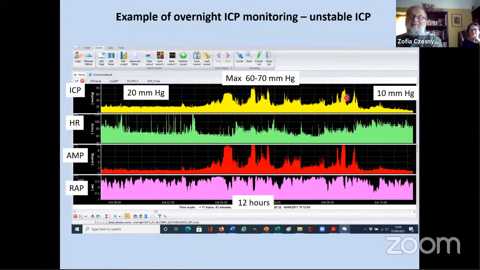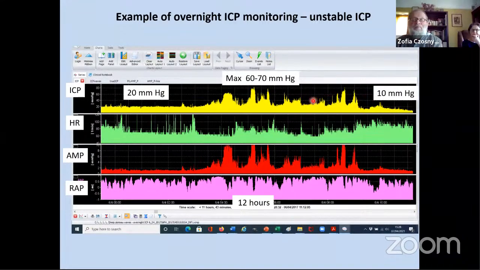And moreover, when he was awake again, intracranial pressure here is stable and even lower than when we started, 10 millimeters of mercury. So you can imagine if we check his intracranial pressure with a lumbar puncture here in the morning, everybody is happy. Here it will be 10 millimeters of mercury.